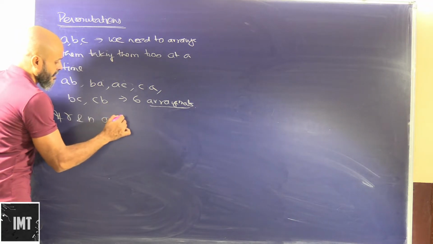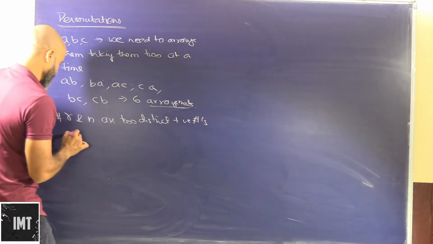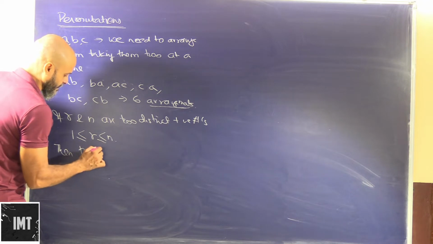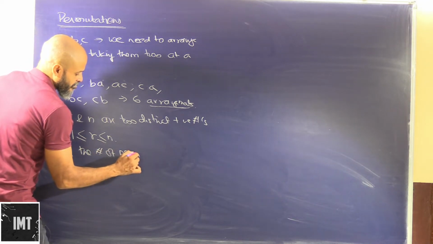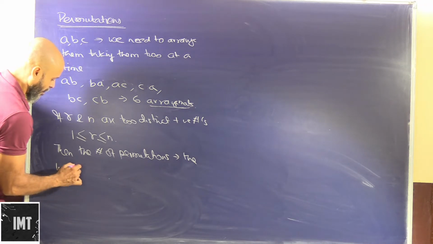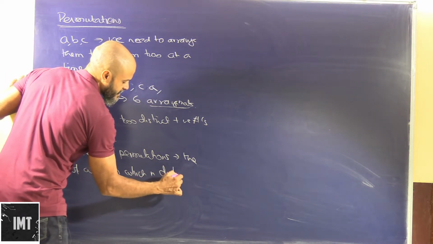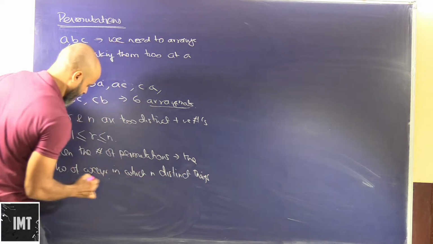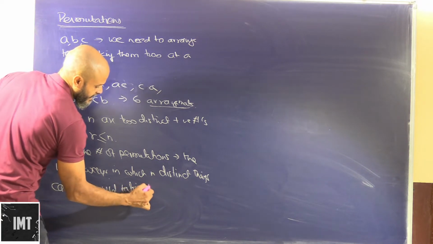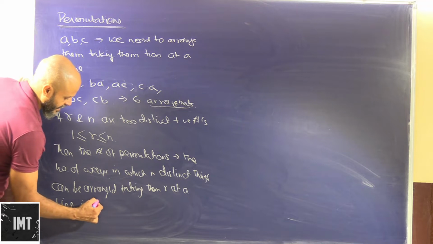R and N are two distinct positive numbers, and let's say R is greater than or equal to 1 and less than or equal to N, then the number of permutations, or basically the number of ways in which n distinct things can be arranged taking them R at a time is represented by NPR.